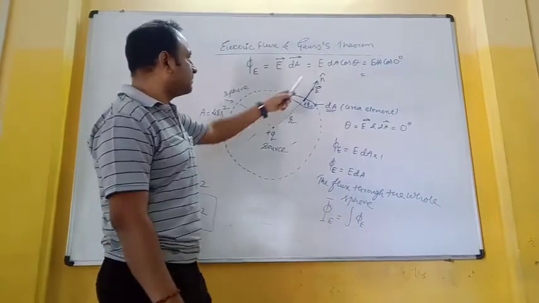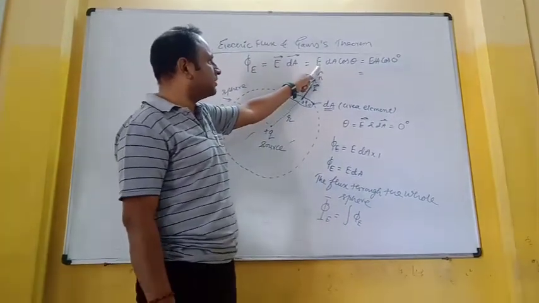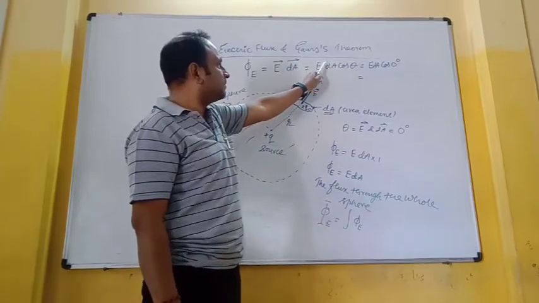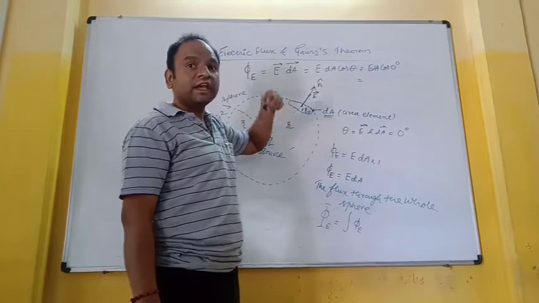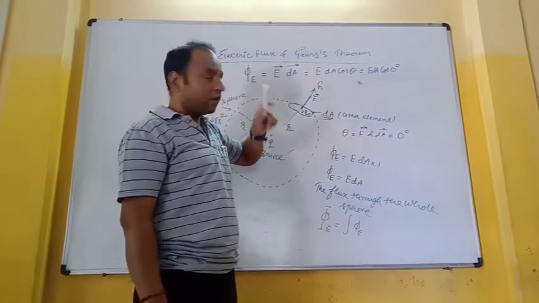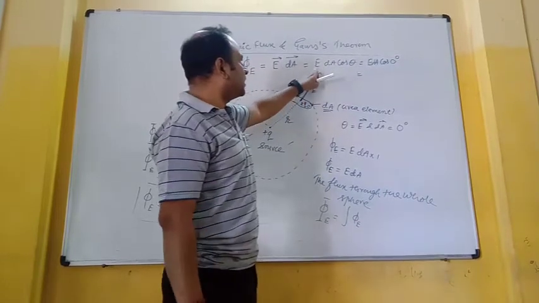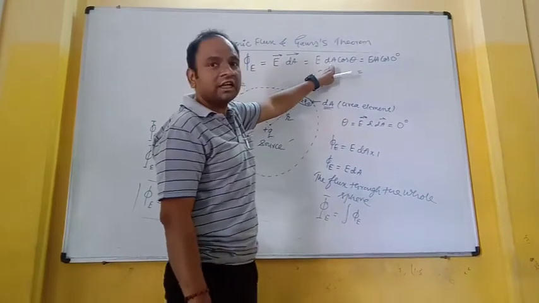Number one, it depends on the value of the electric field intensity at that point. It depends on the magnitude of the area. Along with these two, it also depends on the angle between the electric field vector and the area vector.